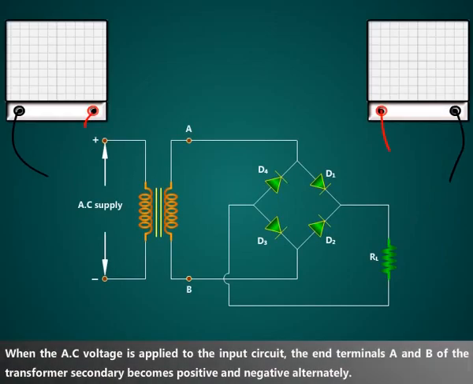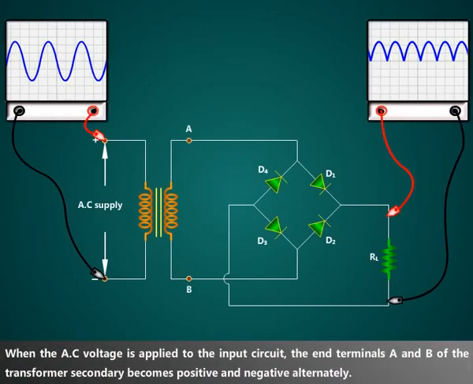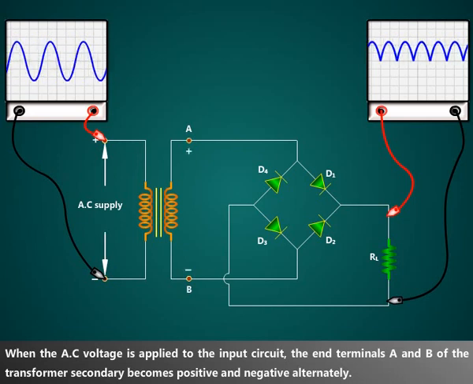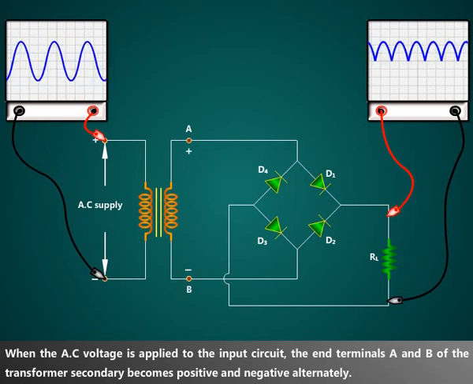Working. When the AC voltage is applied to the input circuit, the end terminals A and B of the transformer secondary become positive and negative alternately.